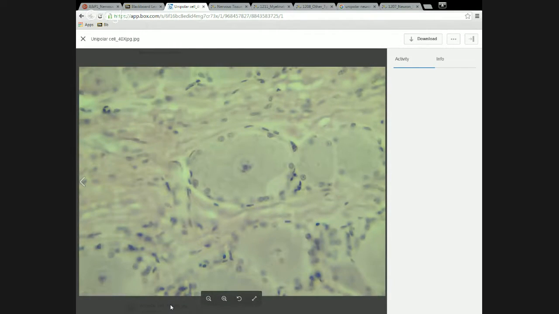For the 40X version of this, I titled it unipolar cell because we're looking at one particular cell. Now, I'm almost positive this is not that dark cell that I pointed out before, but I didn't really pay too much attention when I was taking these pictures exactly where on the slide it comes from. But let's say that's about the size of the cell that we're looking at.